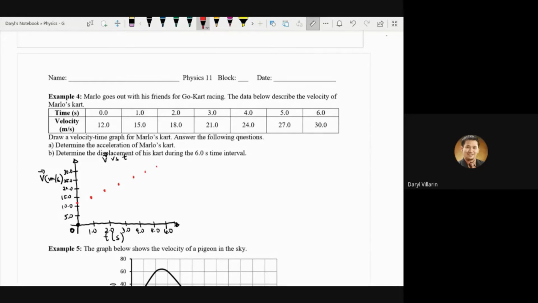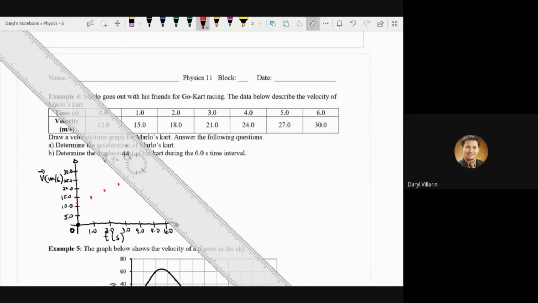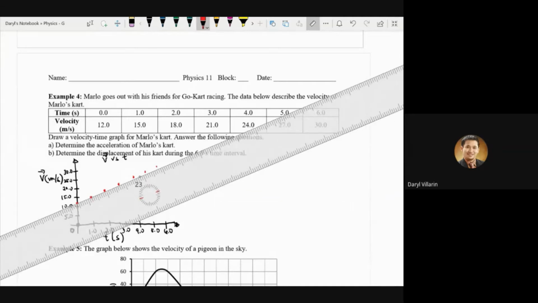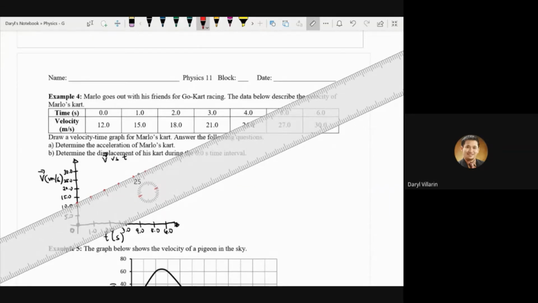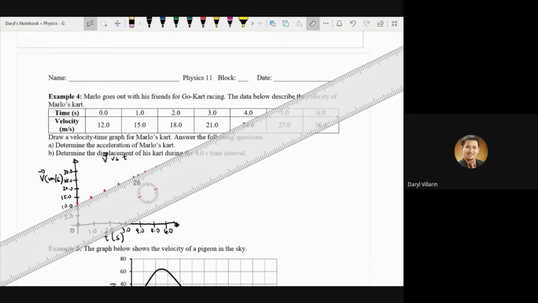Now to draw the graph, I'm just going to draw an average line. As you can see here, your average line doesn't necessarily perfectly hit all of the points, although that would be the ideal case.